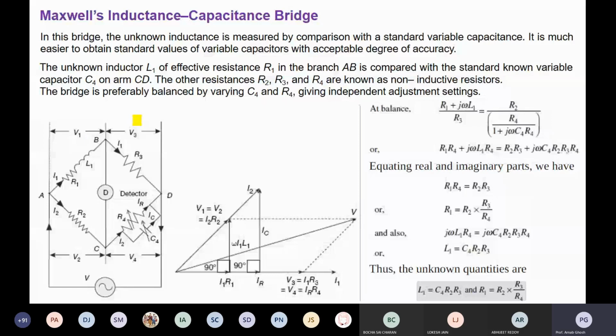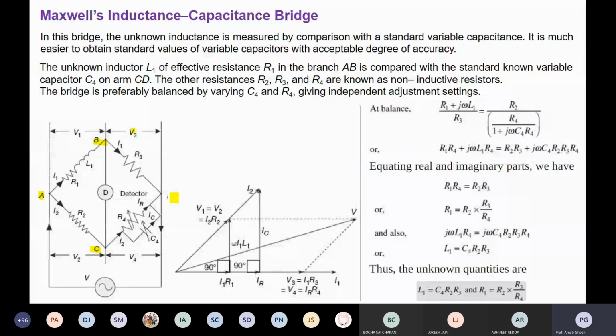Z2 is the impedance of arm AC. Z3 is the impedance of arm BD, and finally Z4 is the impedance of arm CD.